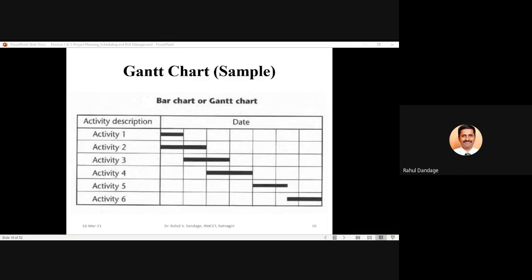So now what we understand is, at the beginning of your second week, your activity 1 is completely over, and during this second week, activity 2 and 3 are running parallel to each other. At the end of 2 weeks, activity 1 and activity 2 have both finished, and activity 3 is in progress.